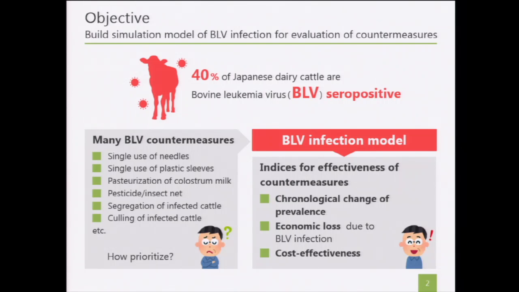About 40% of dairy cattle and 30% of beef cattle in Japan are reported as BLV seropositive, and the number of reported cases of EBL is increasing year by year.